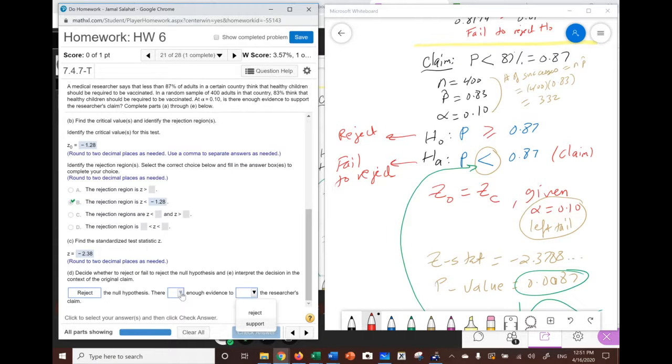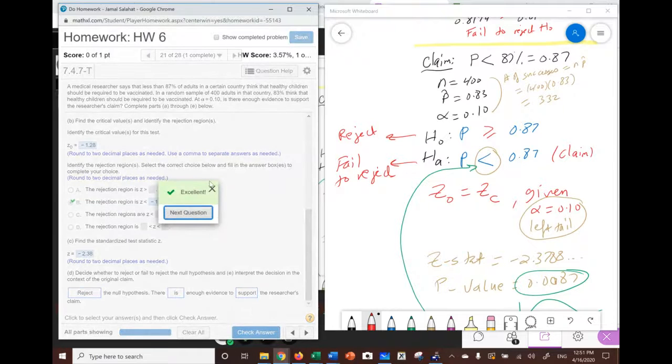It is just that the evidence we collected is not good enough to convict that person. So there are two ways to approach this. Somebody may say there is enough evidence to support the researcher's claim. Now, this is equivalent to saying there is enough evidence to find the person innocent. If you check the answer, it's going to be okay.